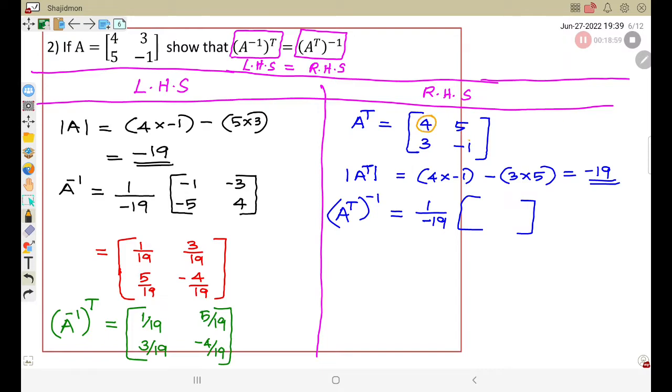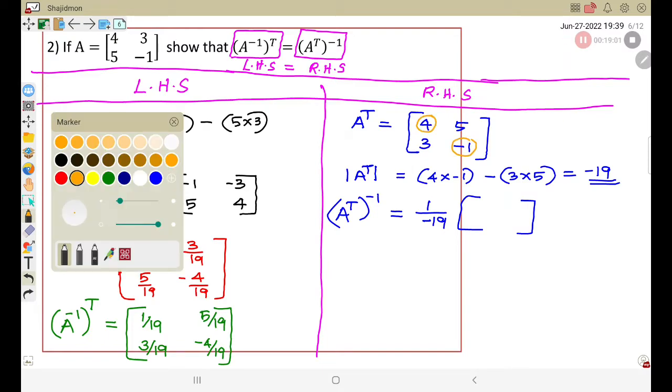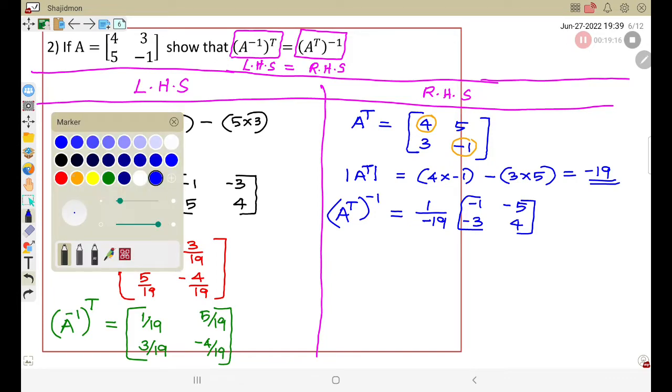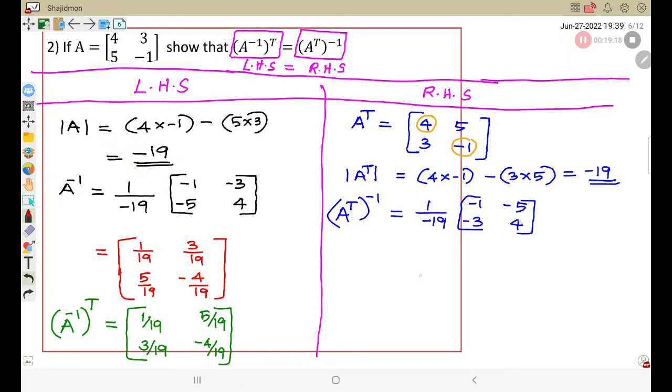Interchange this number and this number, correct? So minus 1 will come first, 4 will go to the last. Off diagonal numbers get opposite sign: 5 becomes minus 5, 3 becomes minus 3. So this is the inverse. Now 1 over 19 we can distribute to the matrix. So what will be the first one? 1 over 19, because minus minus will cancel.